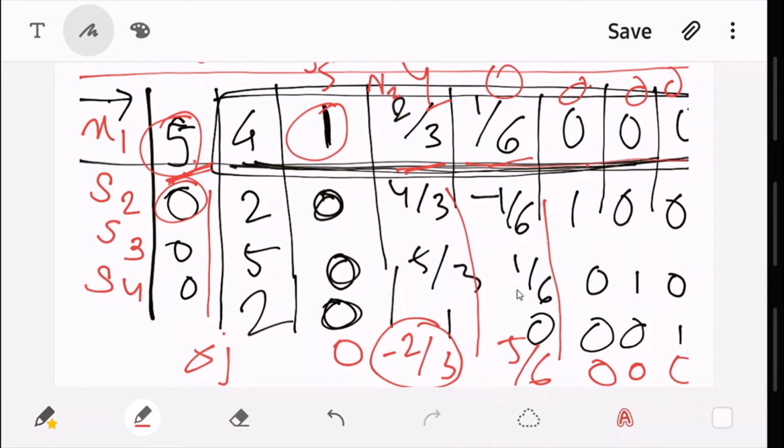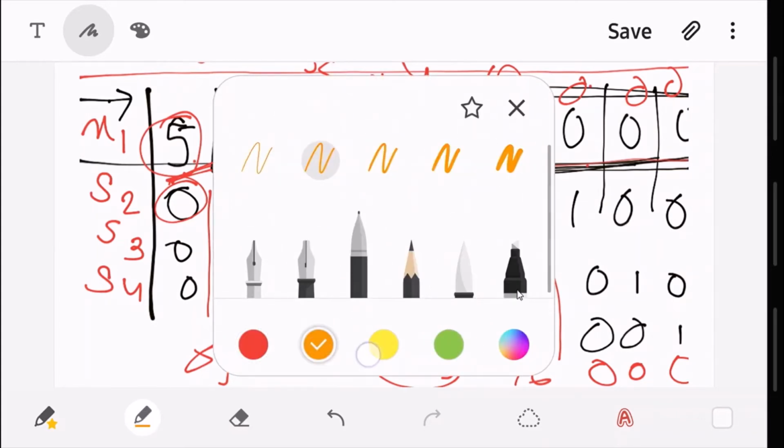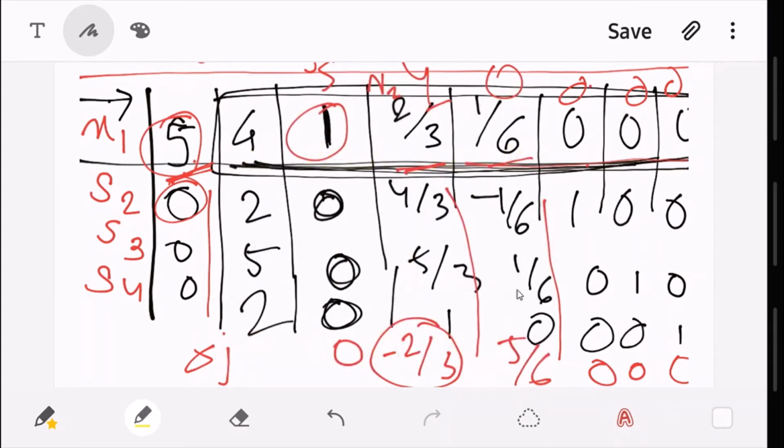So x2 is the entering variable and the leaving variable will be determined by the minimum ratio. So minimum ratio is xb column divided by the column that is entering. So this is 4 by 2 by 3 which gives me 6. 2 divided by minus, I won't be considering the minus.